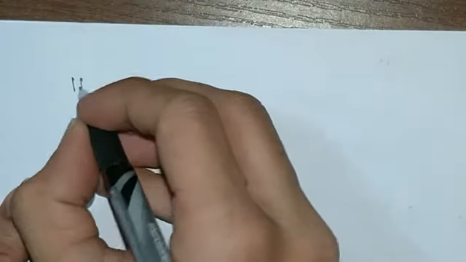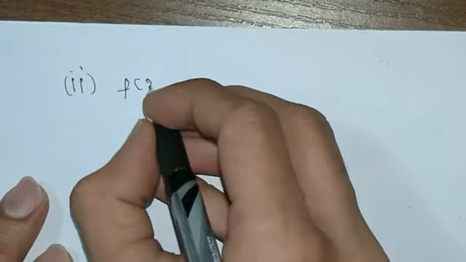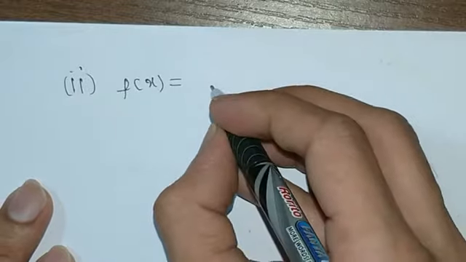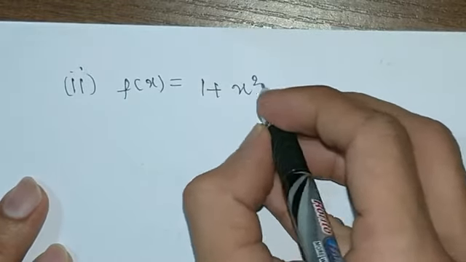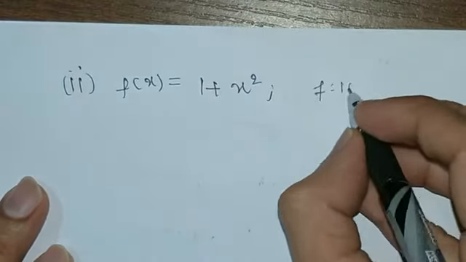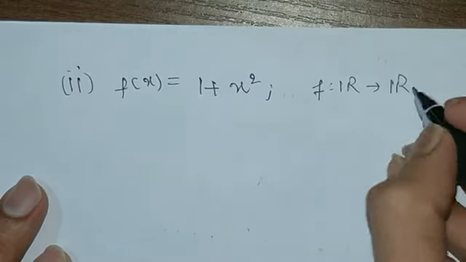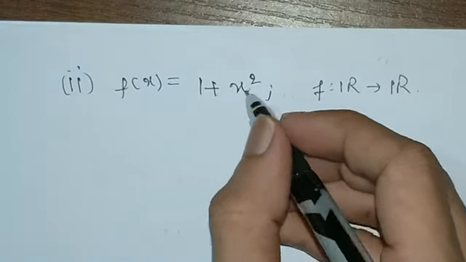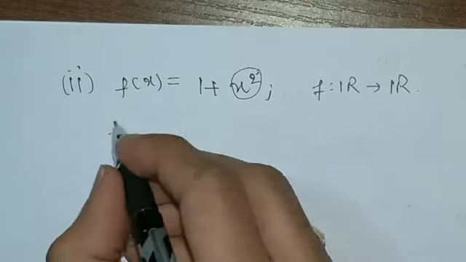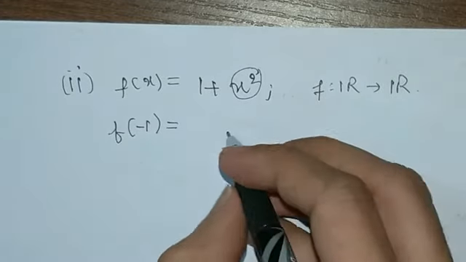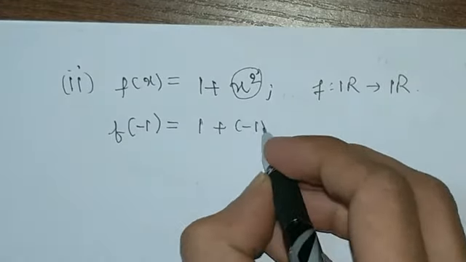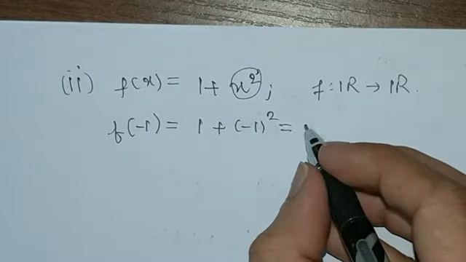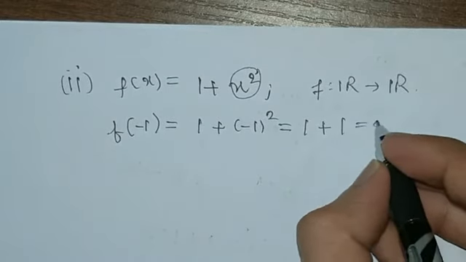Now we will go to the second problem, that is f(x) is equal to 1 plus x square. This function is defined from R to R. It looks like it is not a one-one function because you have x square here. Let us see why. f at minus 1 is 1 plus (minus 1) whole square, which is 1 plus 1, which is equal to 2.